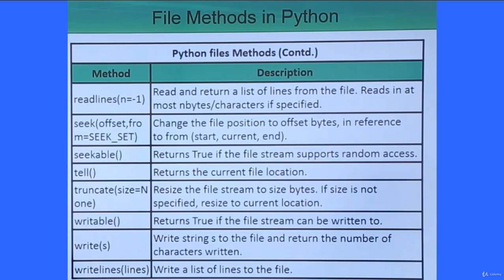Change the file position to offset bytes in reference to from, which can be start, current or end. The file pointer will have some movement, some progress, depending upon the parameters we have passed. Next is seekable, which returns true if the file stream supports random access. If you can go for random accessing of the file content, then it returns true.